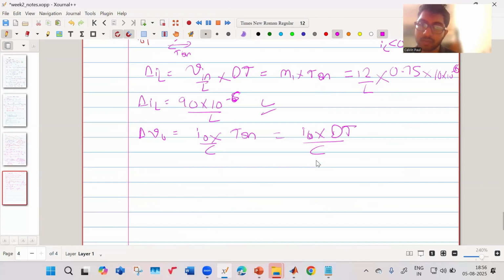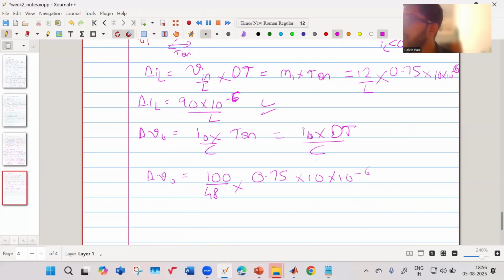So my delta V naught is equal to 100 by 48 into the duty, that is 0.75 into 10 into 10 to the power minus 6 upon C. So how much is this? 15.625 into 10 power minus 6.